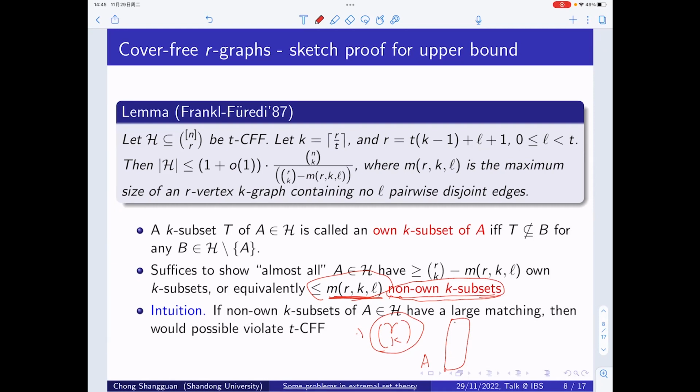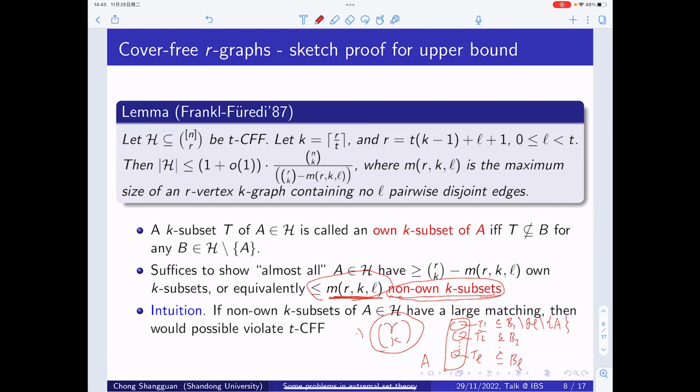Because if the non-own subsets of A have a large matching, say a matching of size l, where this is T1, this is T2, this is Tl, and these are non-own k-subsets. By the definition of non-own k-subsets, you can find some B1 in H minus A such that T1 belongs to B1, T2 belongs to B2, and Tl belongs to Bl.